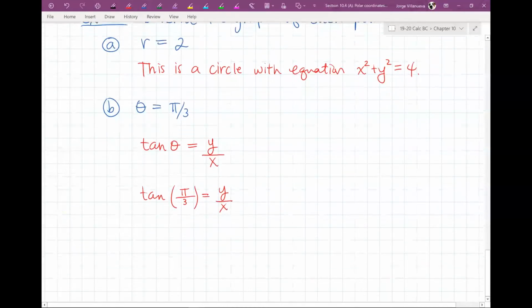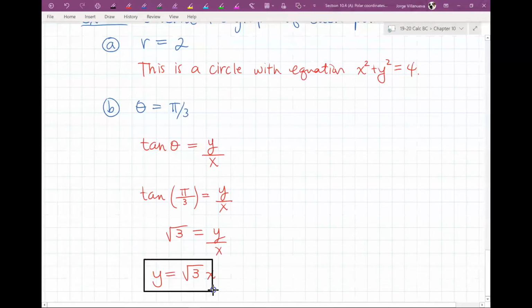And tangent of 60 degrees is radical 3, right? So that would be radical 3 equals y over x. So if I solve for y, I get the following. Radical 3x. And that's my function. That's a line that crosses through the origin with the slope of radical 3 over 1.